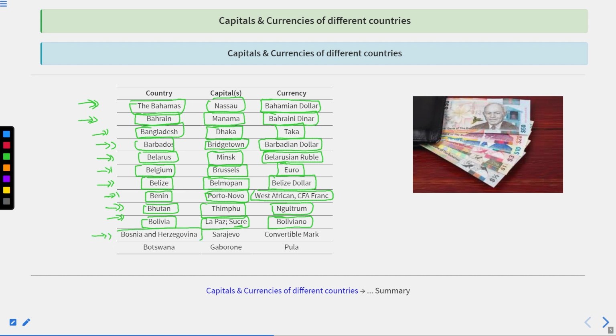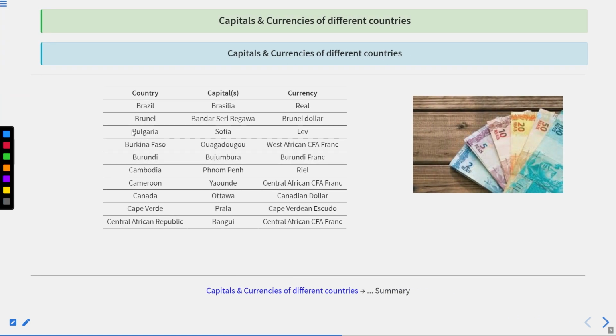Bosnia and Herzegovina. Capital is Sarajevo. Currency is convertible mark. Botswana, country. Capital is Gaborone. Currency is Pula. Brazil is a country.